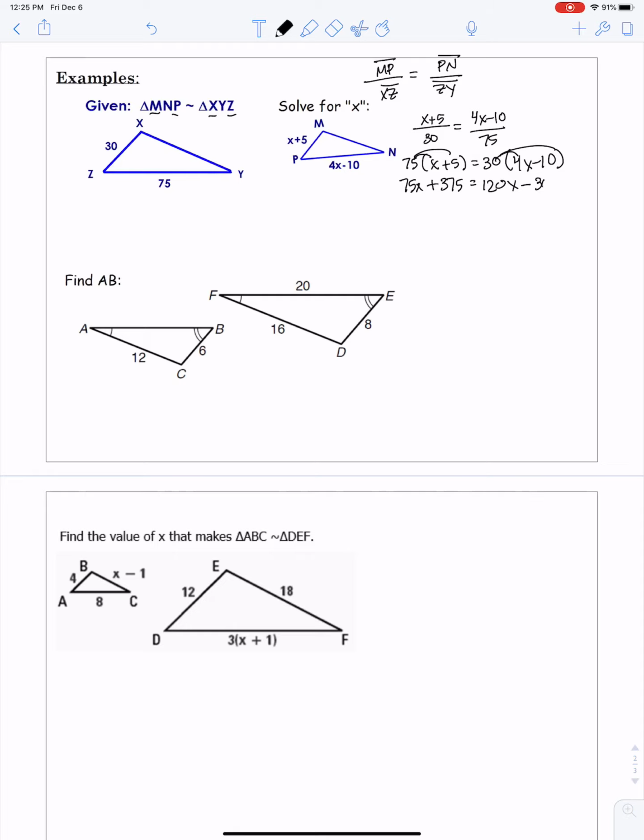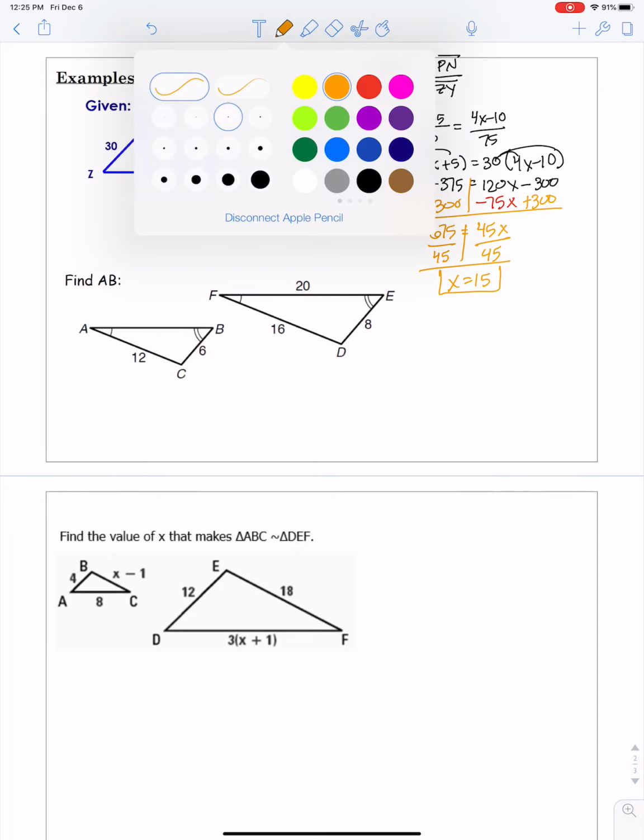And 30 times 10 is 300. So I'm going to switch my colors. I'm going to subtract 75x from both sides. And then I'm also going to move my 300 over. So I end up getting 675 is equal to 45x. And then I'm going to divide by 45 on both sides, and I end up getting x is 15.